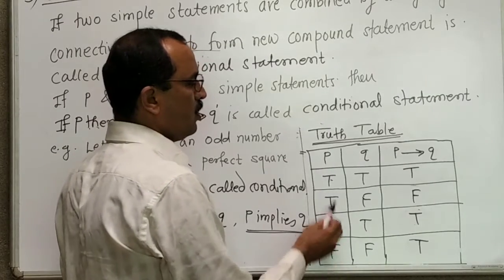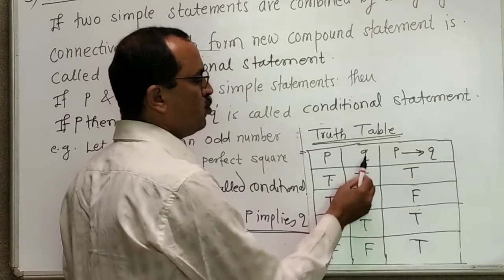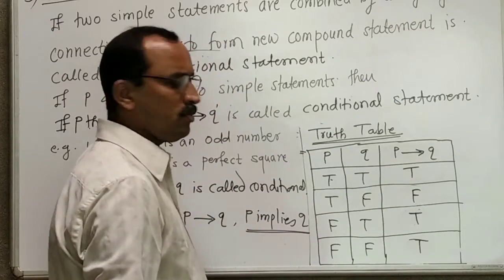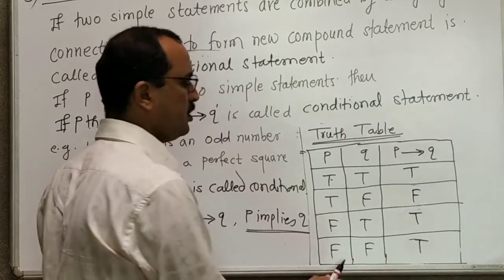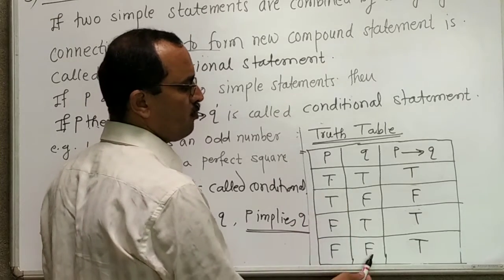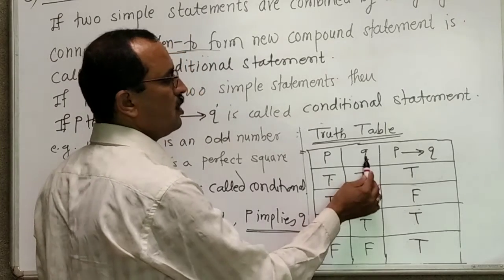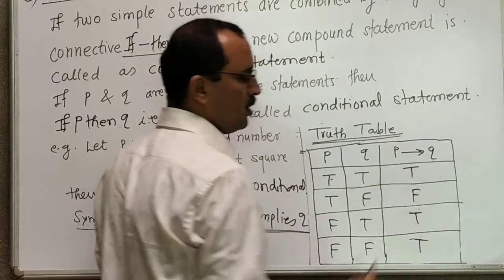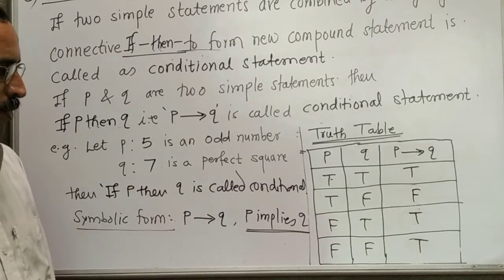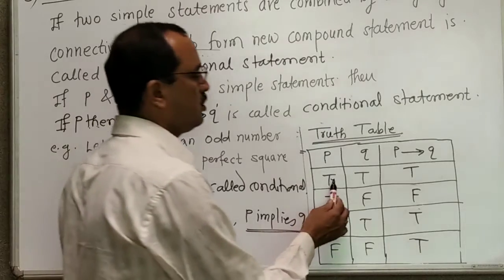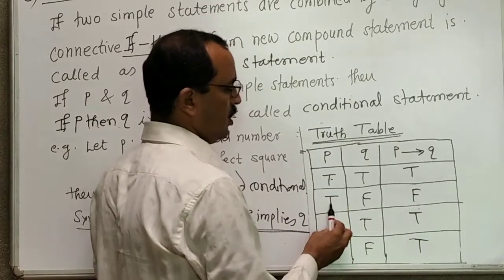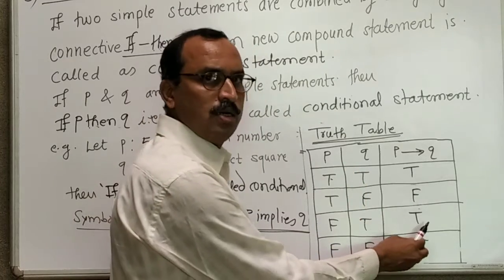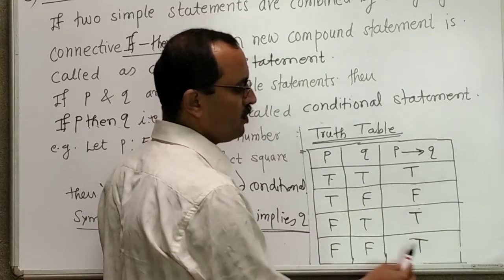Third possibility, P false, Q true, then P implies Q is true. Fourth possibility, P false, Q false, then P implies Q is true. Once again: TT gives T, TF gives F, FT gives T, FF gives T.